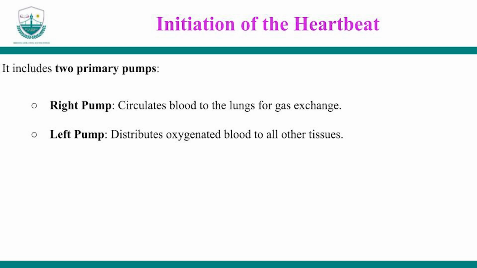In humans, we talk about what we call double circulation. With this, we emphasize the fact that the heart pumps blood to the lungs, and then from the lungs to the heart again, and then to the rest of the parts of the body.